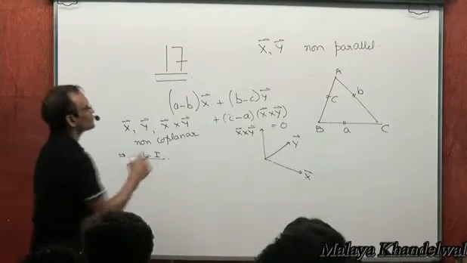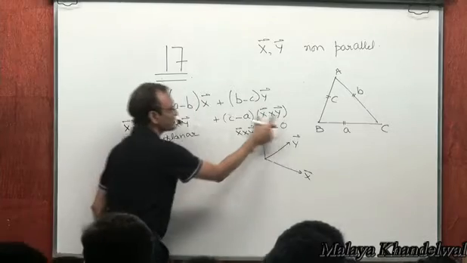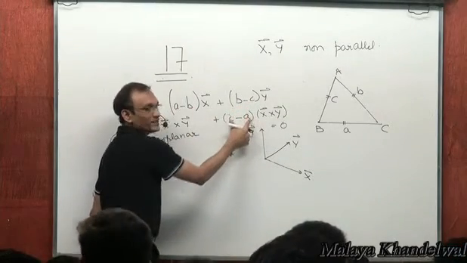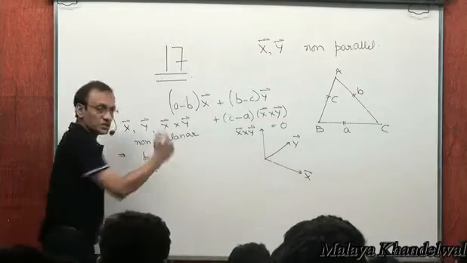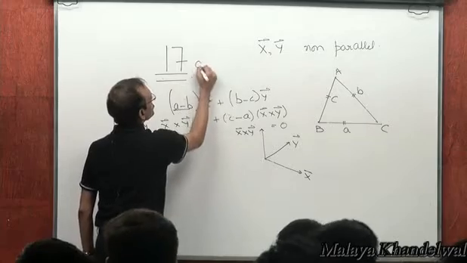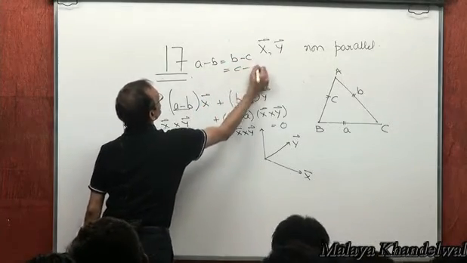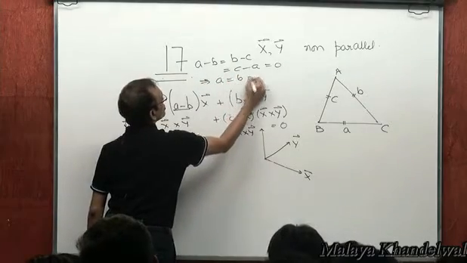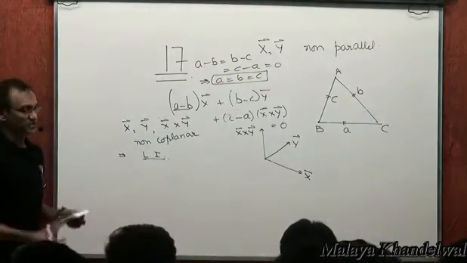So now, if x, y and x cross y are linearly independent vectors, then can I not say that this must be 0, this must be 0 and this must be 0? So that means a minus b must be 0, b minus c must be 0, c minus a must be 0. Therefore, a equal to b equal to c. The triangle must be equilateral.